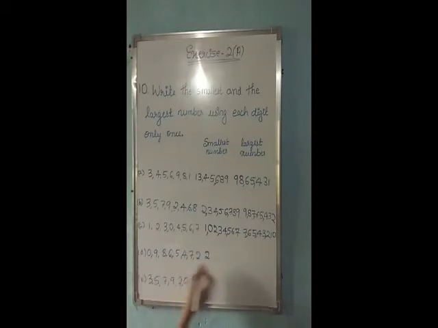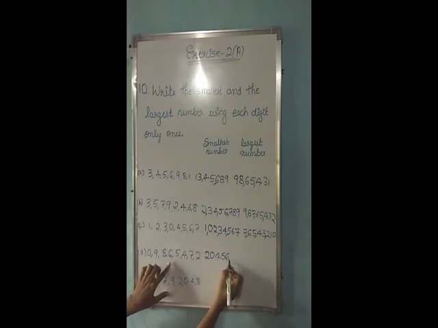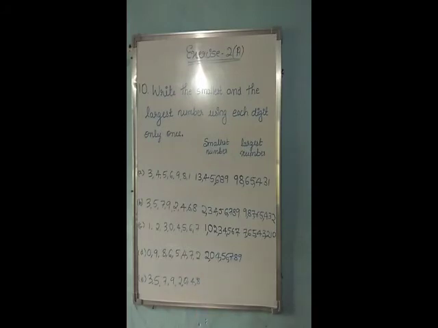After that we should write 0. After which number will come? 4, then 5, then 6, then 7, then 8, then 9. So the smallest number is 2 crore 4,56,789.